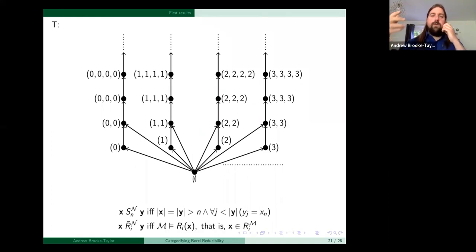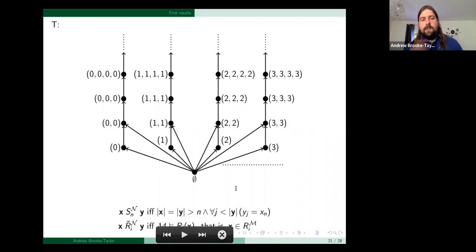Because what happens if we have a homomorphism of W structures with a T relation like this?